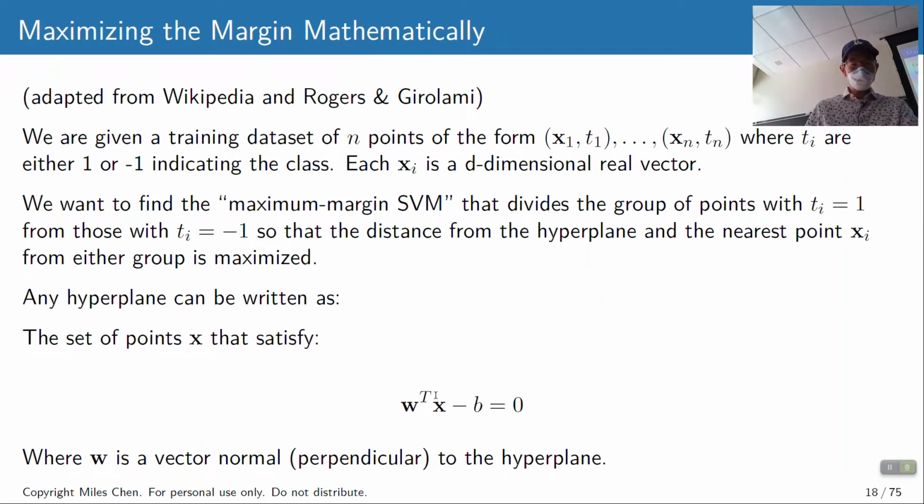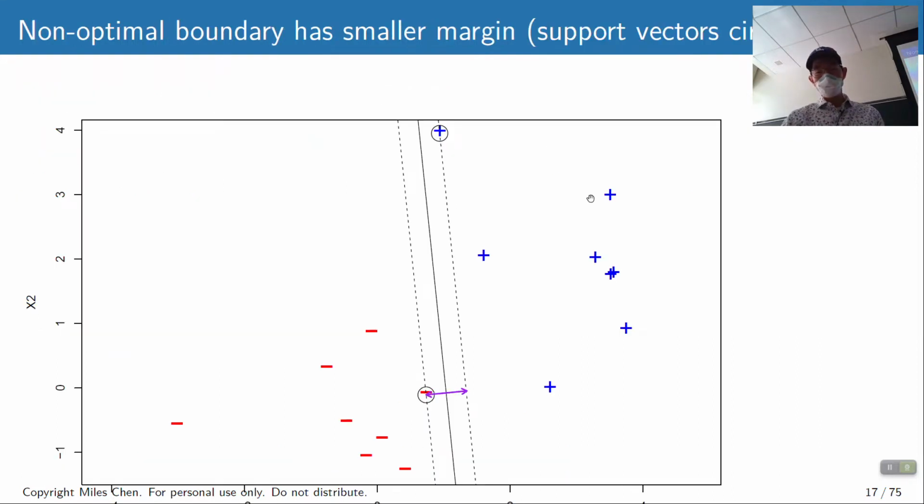So mathematically, how do we go about this? All right, we start off with our training data, and we basically have 2 classes. We either have a 1 or a -1 to indicate our classes, okay? This is why I've got positive signs and negative signs.